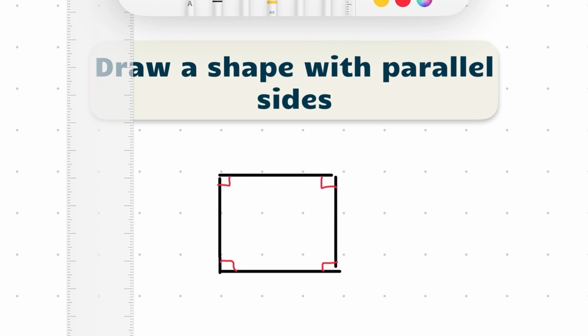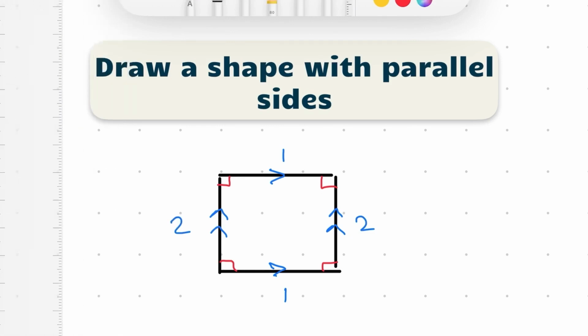Remember that in order to do so, we use these symbols. This side that I just drew is parallel to this side. Now, if I wanted to denote that this side is parallel to this side, I would also use the same arrows, except now I use 2 of them. So, therefore, a square is a shape with 2 sets of parallel sides.